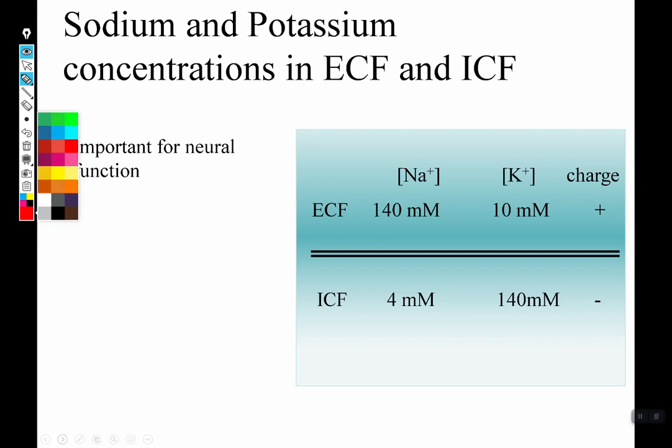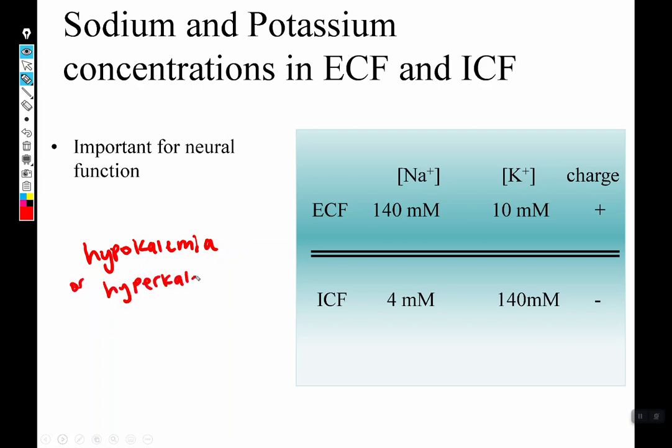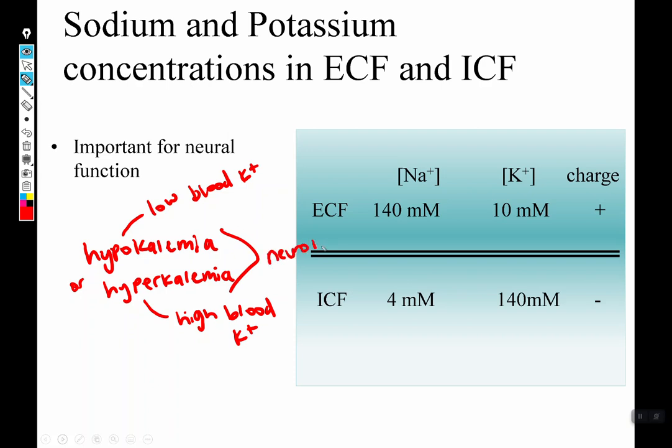So this is why hypokalemia or hyperkalemia, so these are potassium illnesses, where hypokalemia is low blood potassium and hyperkalemia is high blood potassium, both cause neurological dysfunction. And so do the sodium-based problems.